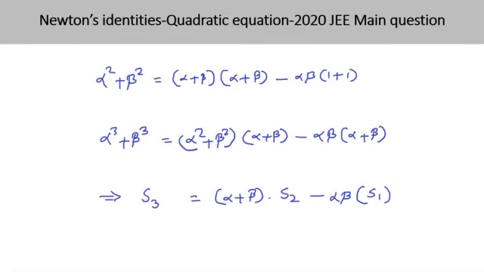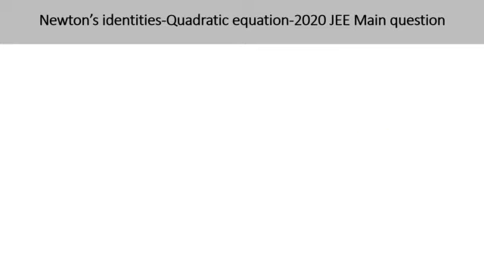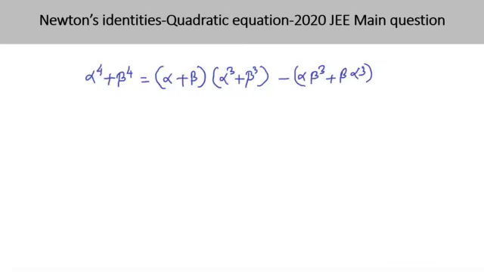So we can say S3 is equal to alpha plus beta into S2 minus alpha beta into S1, right? Now let's look at the sum of alpha to the power 4 plus beta to the power 4.